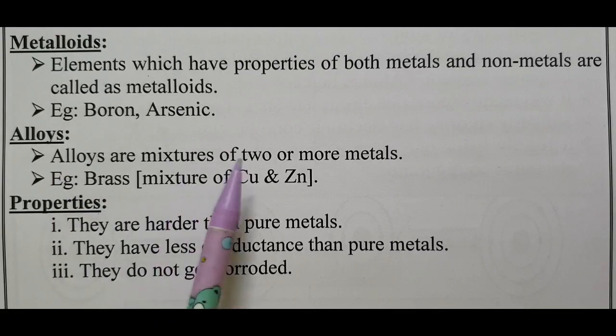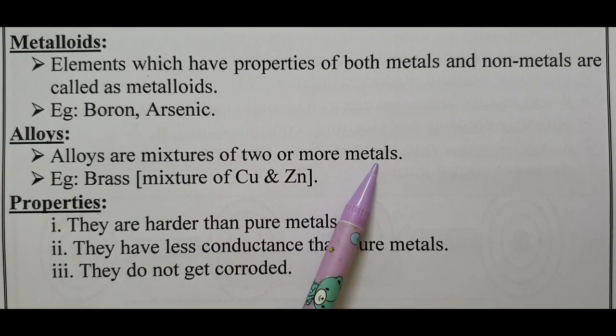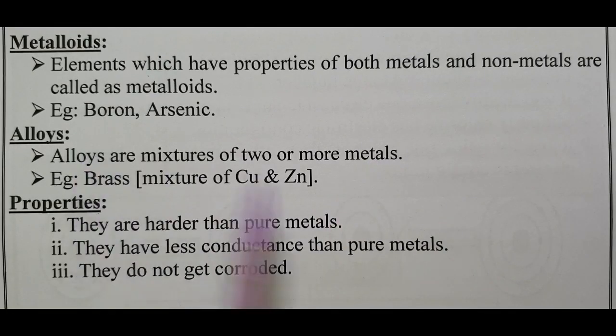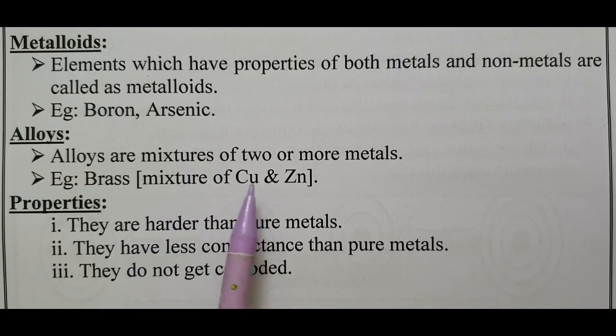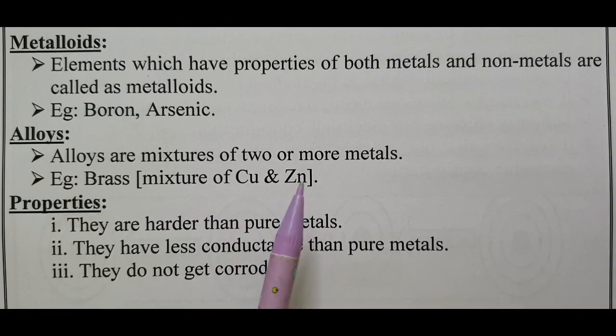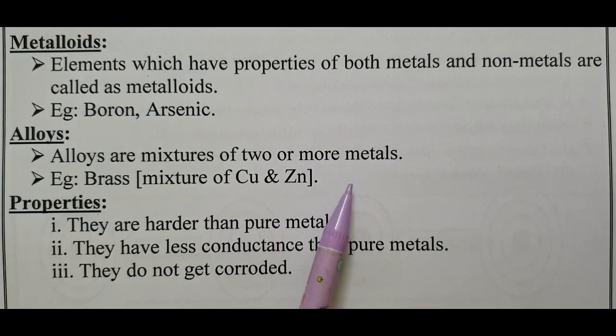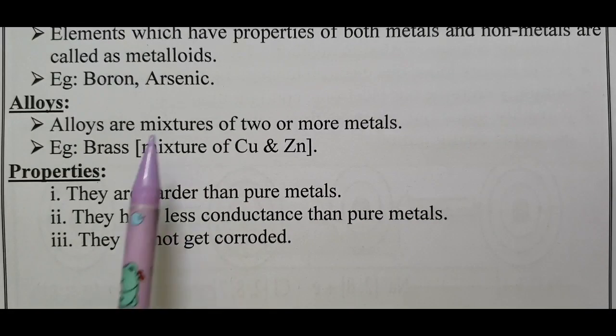Alloys are mixtures of two or more metals, or metals and non-metals. Example, brass is a mixture of copper and zinc. Bronze is a mixture of copper and tin. A mixture of metal and non-metal is also called an alloy.